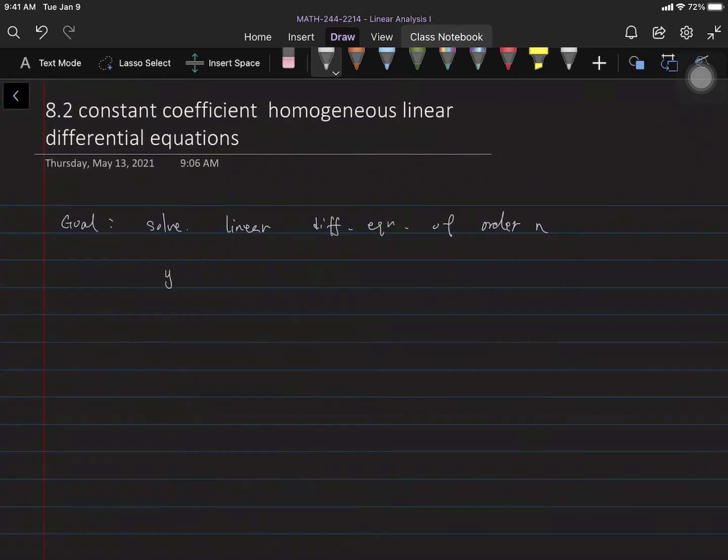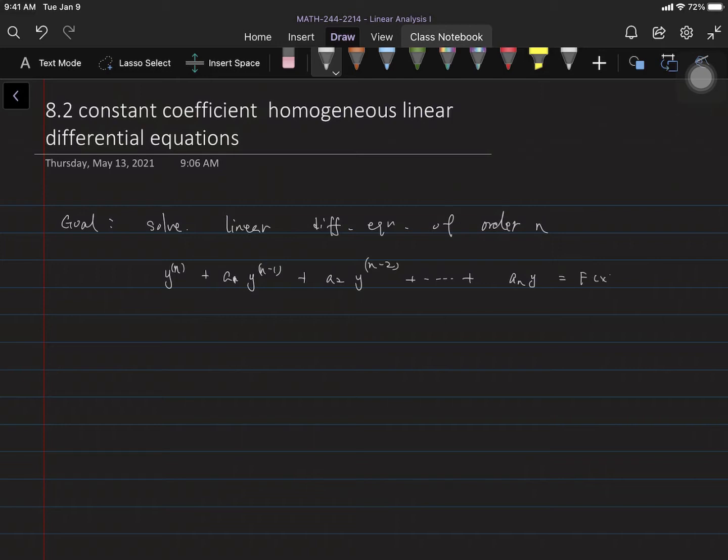So it's going to be like this one: y to the nth derivative plus a1, and a2, plus, here it is, an y, and equals something.